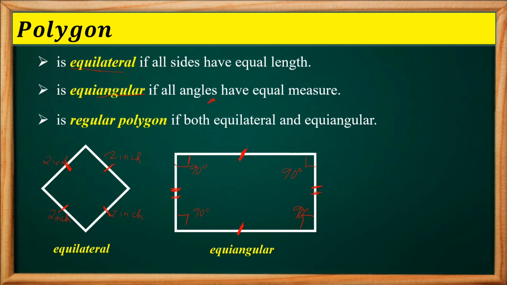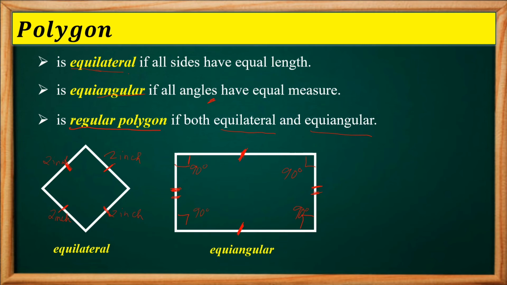Now, the next one is the regular polygon. Regular polygon if both equilateral and equiangular. Importante na alam natin yung regular polygon because on the next lesson, we will use the different examples of the regular polygon. Which is the equilateral and equiangular.